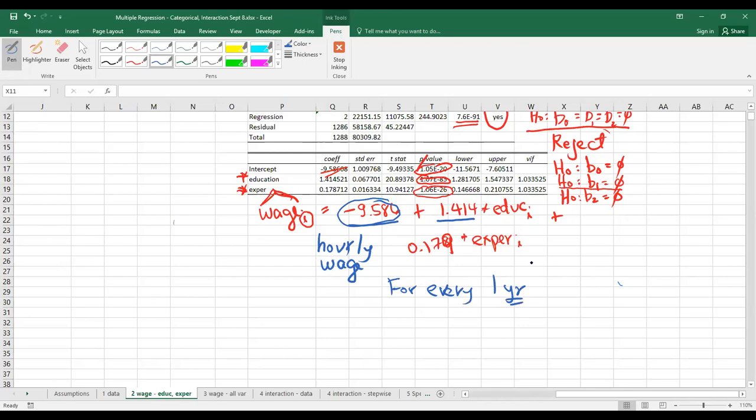Okay, bakit 1 year? Kasi you're talking here of the effect of education on wage. Okay, ito yung marginal effect ni education on wage, itong 1.414.